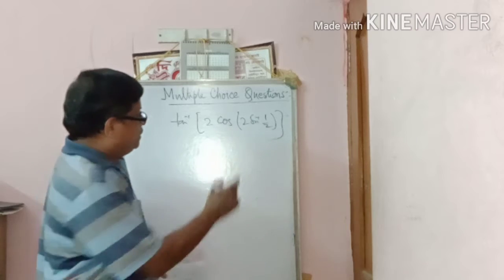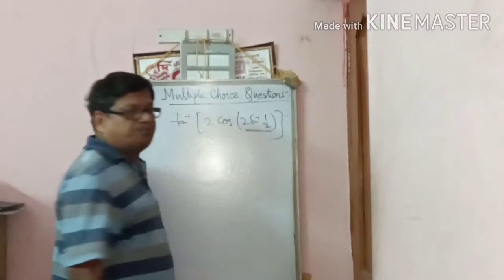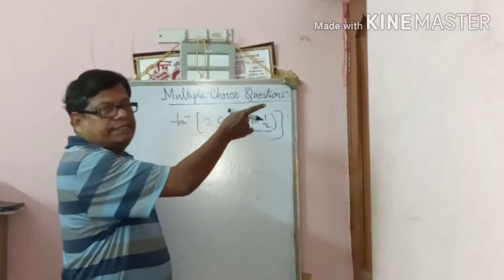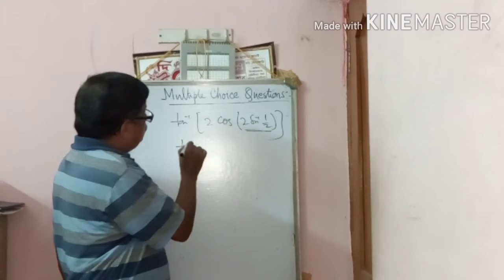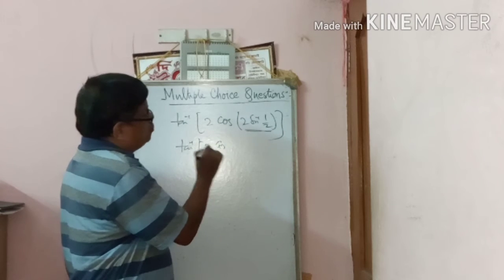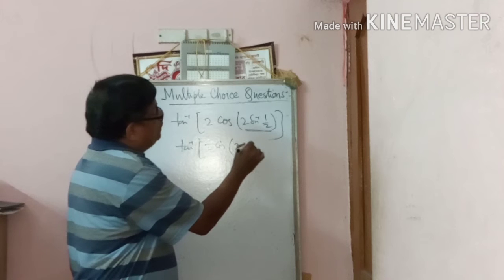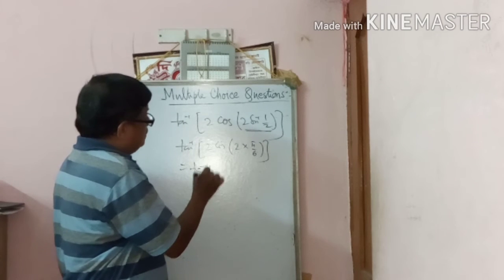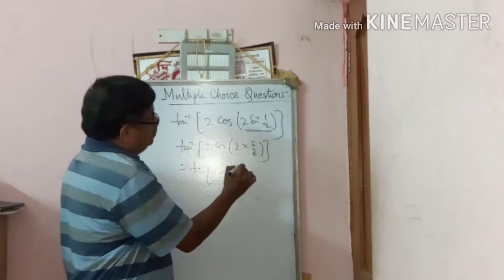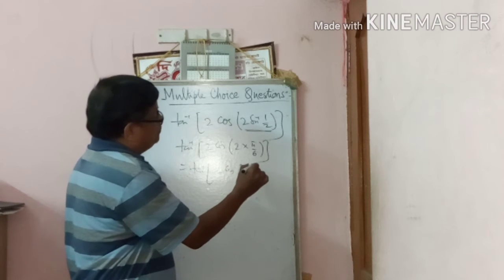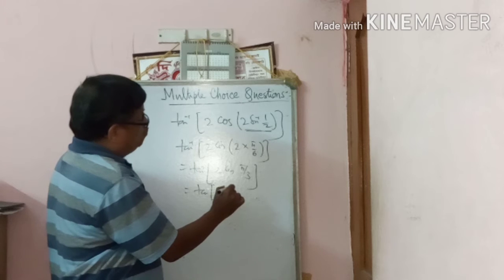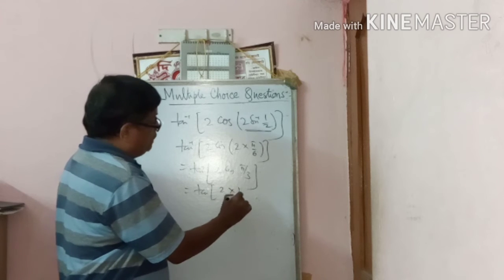See, 2 sin inverse half. This value half, you know, is sin 30 degree. So here we can write tan inverse of 2 cos of 2 into pi by 6. So 2 cos of pi by 3, cos 60 is half, so the value is 2 into half.